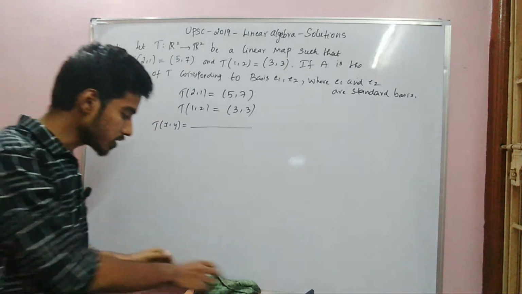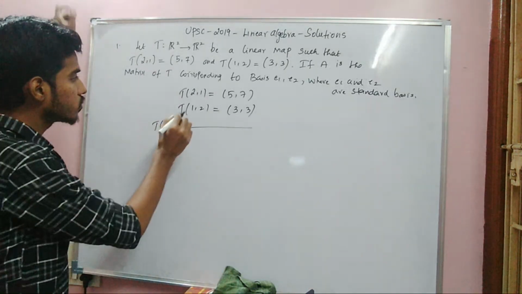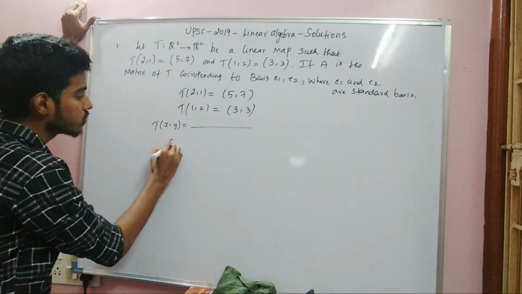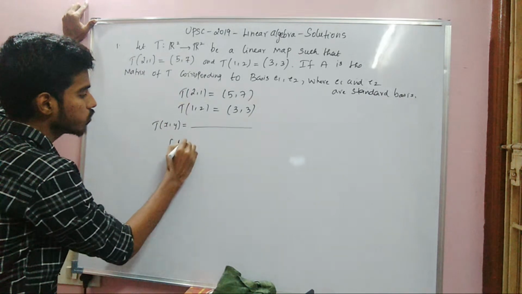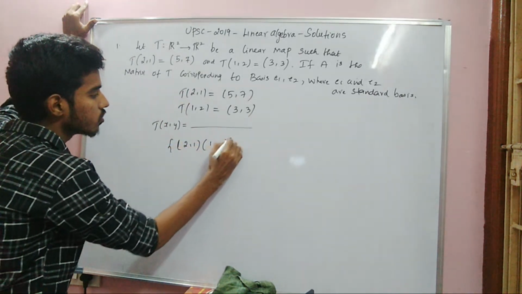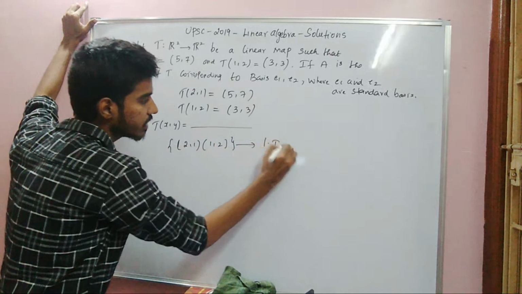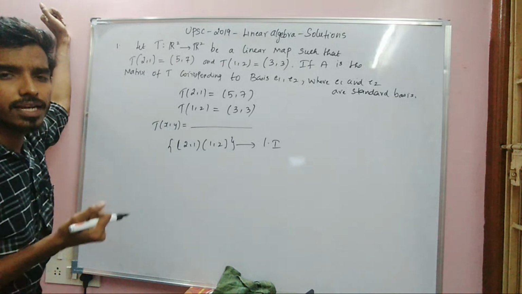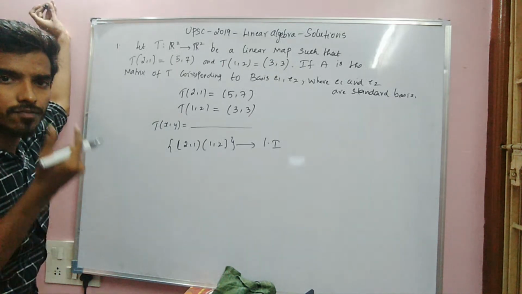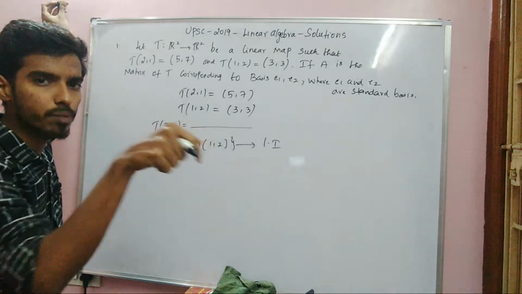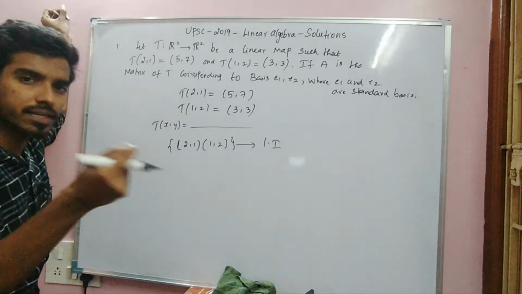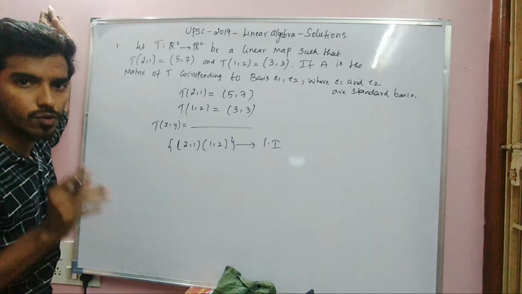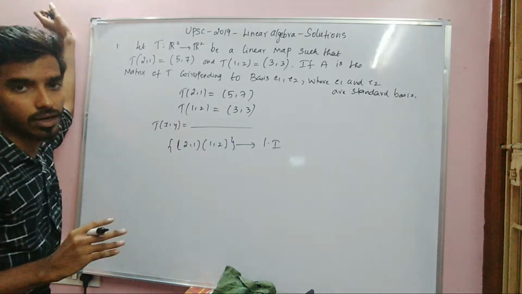So first, whenever we have a problem where they give certain conditions, we want to show that the input vectors, 2, 1 and 1, 2, form a linearly independent set. Only if the set is a basis can we find the corresponding matrix for T with respect to that basis.